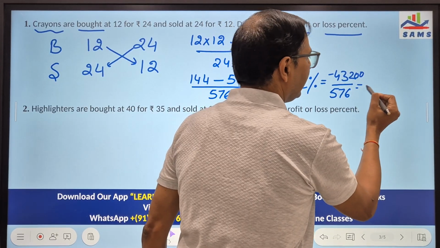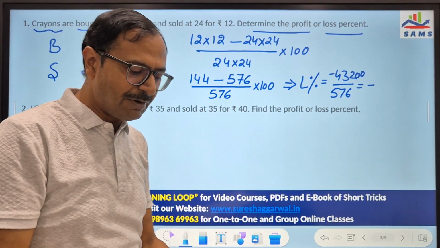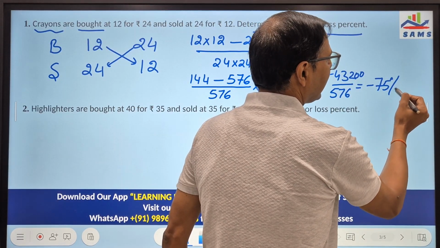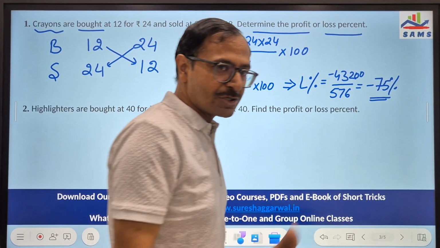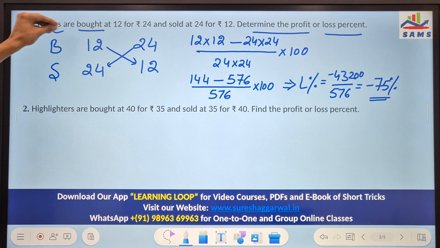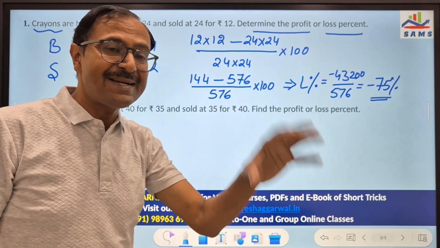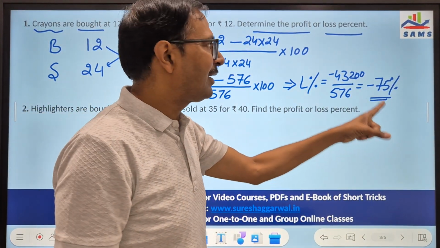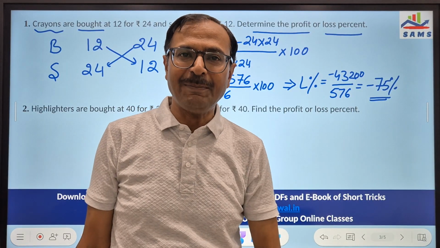This quantity will come out to be exactly 75%. And what does it mean? Negative value indicates loss. And so if you buy something 12 for 24 rupees and sell 24 for 12 rupees, you are going to suffer a loss of 75%.